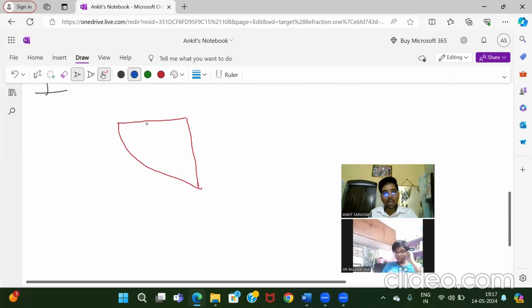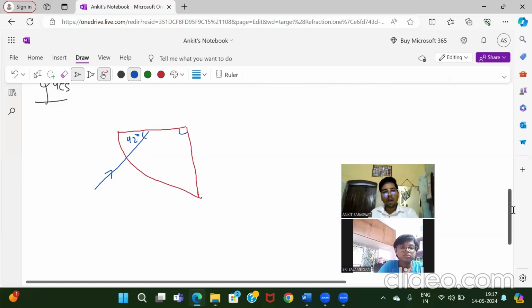See, light is striking like this. I will solve, no worry. This is 42 degree. This is 90, as per the question, this quadrant.